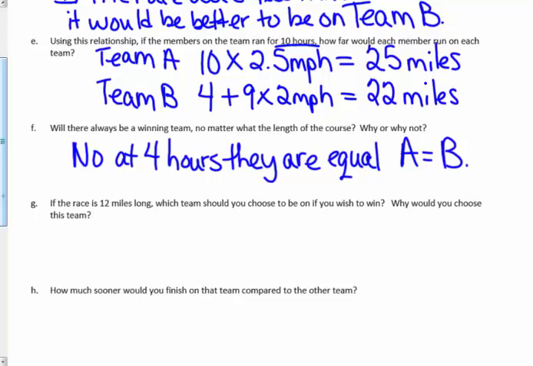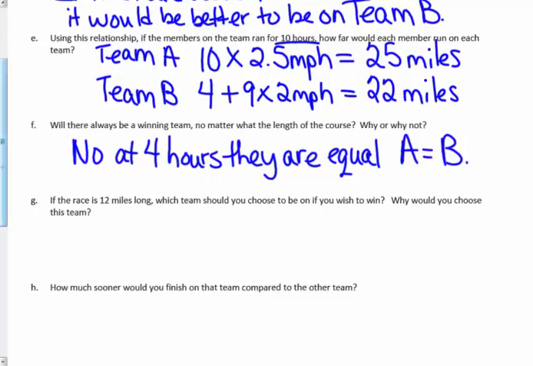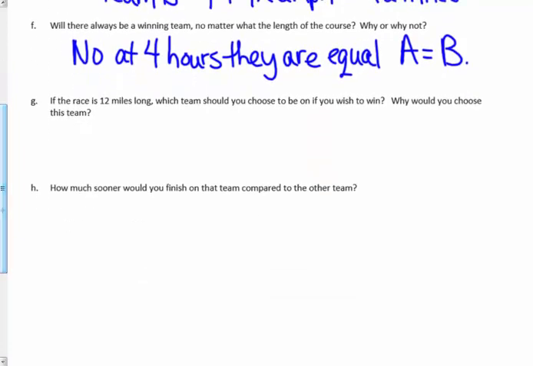G, if the race is 12 miles long, which team should you choose to be on if you wish to win? So distance, I'm going to have to do this. Distance equals rate of speed times time. So 12 miles is my distance, equals my speed. This is Team A. Team A runs at 2.5 miles per hour. That's their speed.